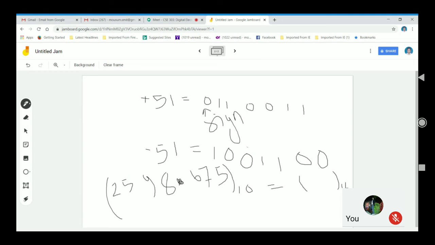2598.675. This is the decimal number. How can you convert it to the hexadecimal number? You can tell me the result.